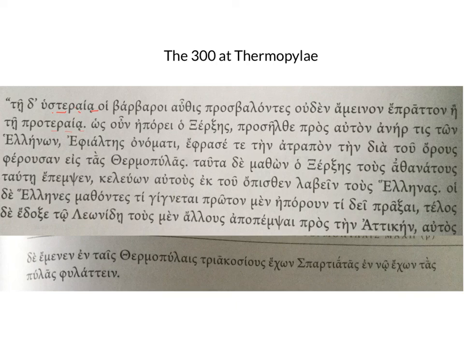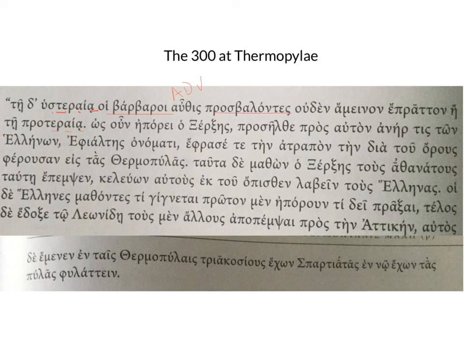After that we get hoi barbaroi, our subject, which we will single underline. The barbarians, in this case referring to the Persians. Then we get authis, an adverb, meaning again. And then prosbalontes, an aorist participle.